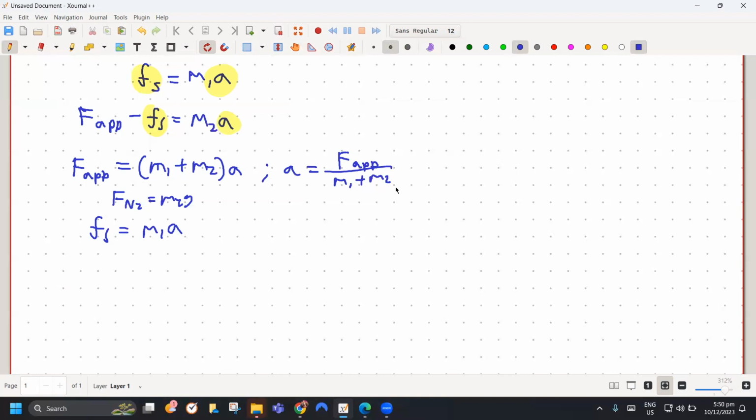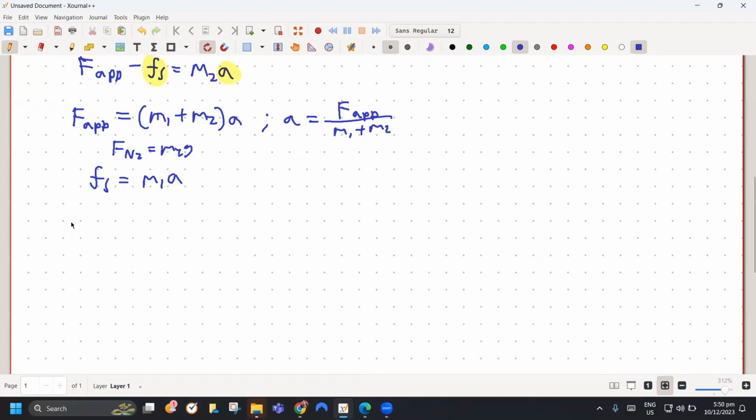Now, what's Fs in terms of F applied, M1, M2? Substitute into the first equation. So Fs is M1 times F applied divided by M1 plus M2.